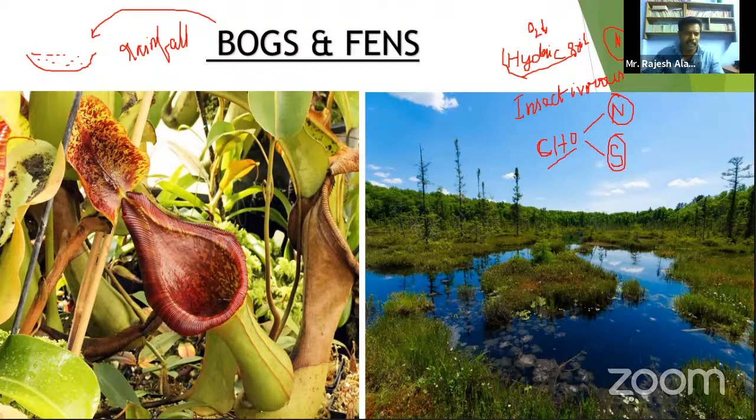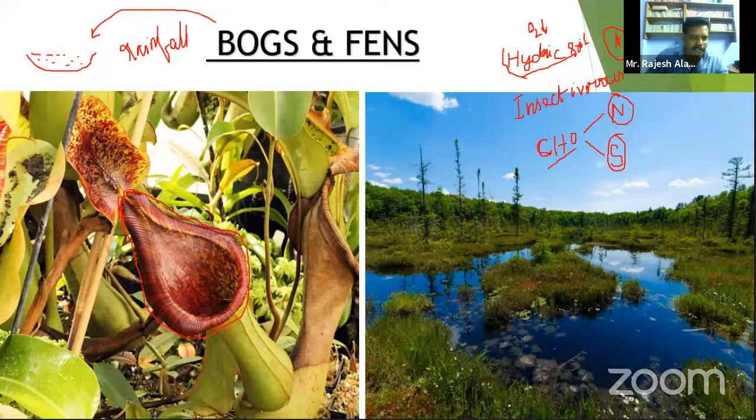These plants will get modified as a pitcher, like a pot opening. It will be of attractive color, and they start releasing some odor, some fragrance. It is sulfur or nitrogen. So they get an attractive color, and they start releasing some perfume, some odor.